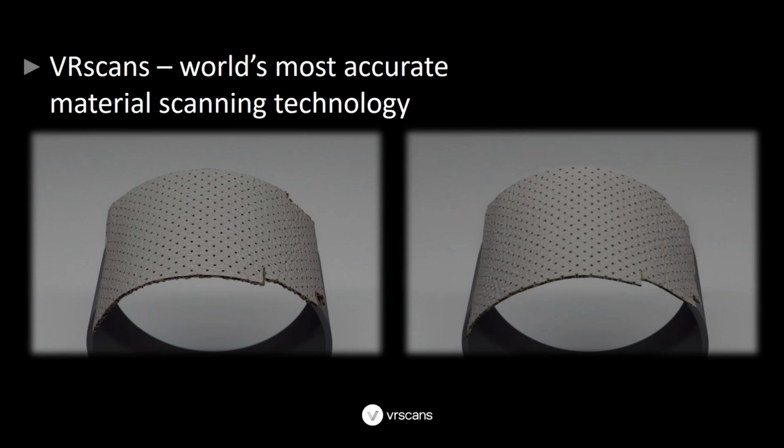We have used the VRscans for that. So before I move on, I want to see if you can guess which one is the render and which one is the photo. You can guess for yourself, or if you want, you can just type left in the chat. You can type left if you think that the left one is the render, and you can type right if you think that the right one is the render.